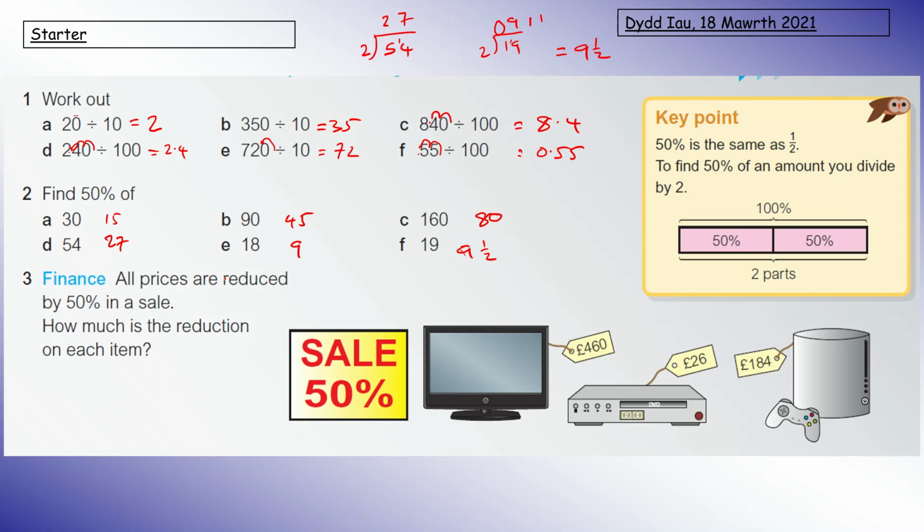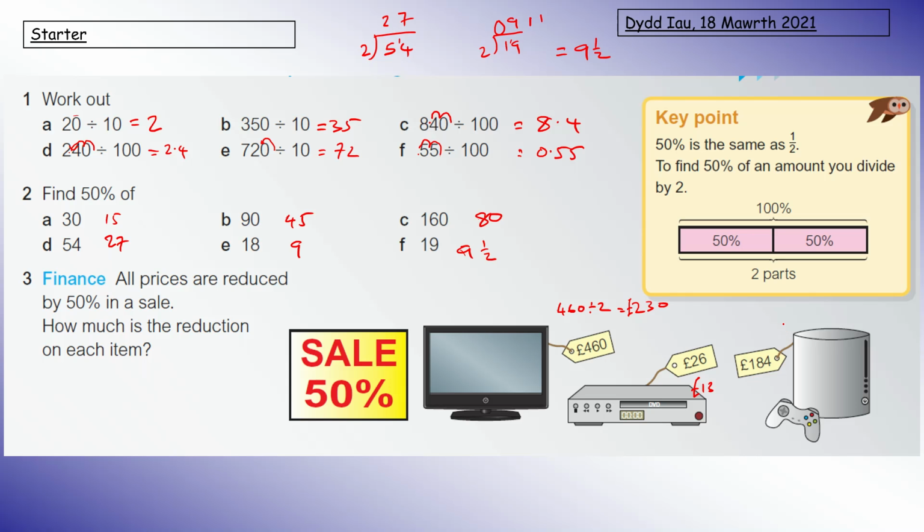Question 3. All prices are reduced by 50% in this sale. How much is the reduction on each item? So if we reduce that by 50%, we drop the price by half. So it's going to be reduced by 460 divided by 2, which is 230. 26 is going to be reduced by 2 as well, so half of 26 is 13.